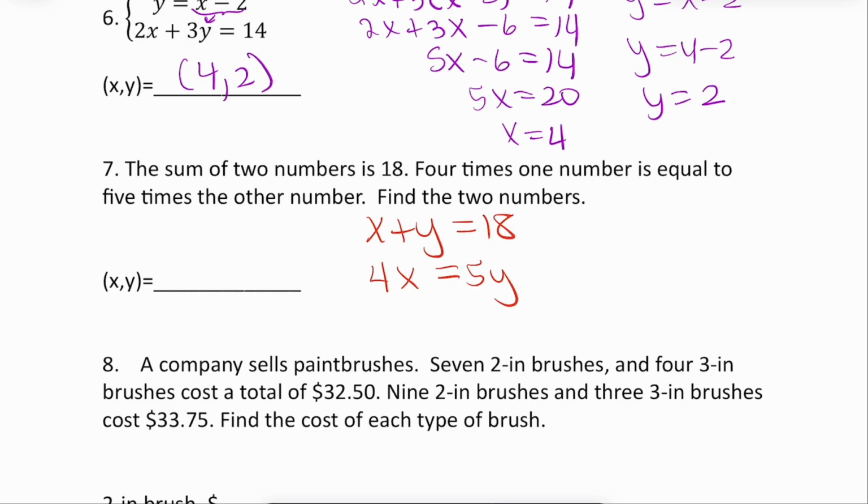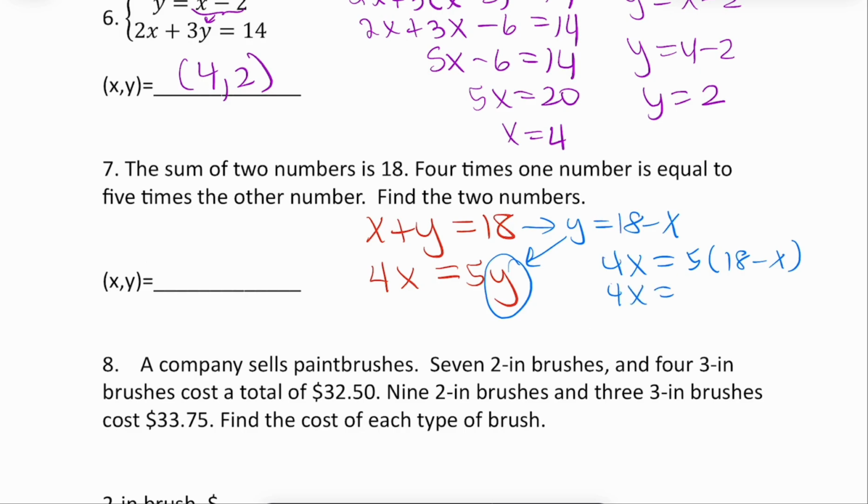Now, I think this problem would use substitution a little nicer. So let's make this y equals 18 minus x. So we can put that right there. So we get 4x equals 5 times the quantity of 18 minus x, and then distribute that 5.